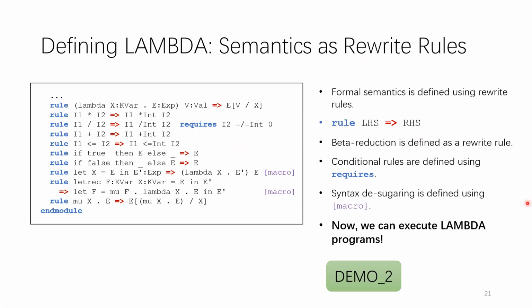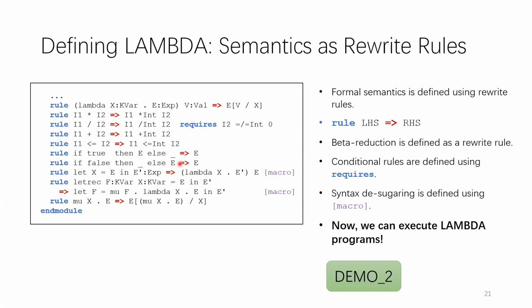For example, let us take a look at this rule for if and else. It says that if my current program code is if true, then E, else underscore, then it should rewrite to E, which is the then branch.